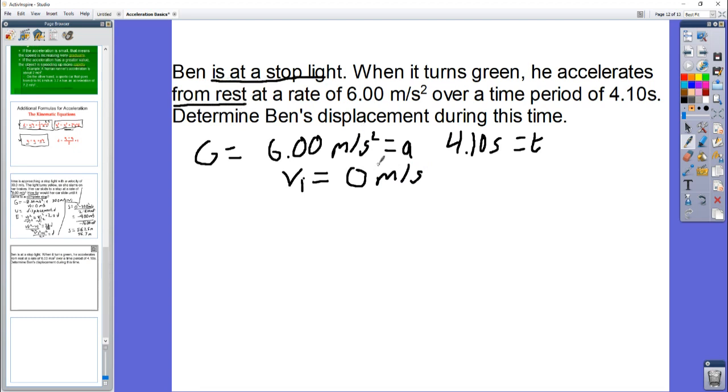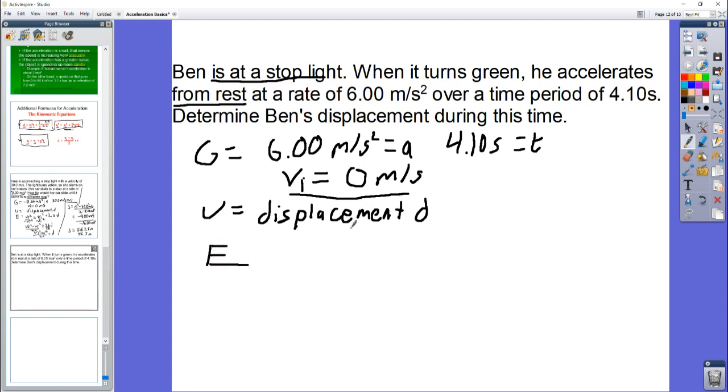So when you start from rest, you're starting with an initial velocity of 0. All right, what are we looking for? U. What's his displacement? Well, it just comes out and says we're looking for displacement. Or D.